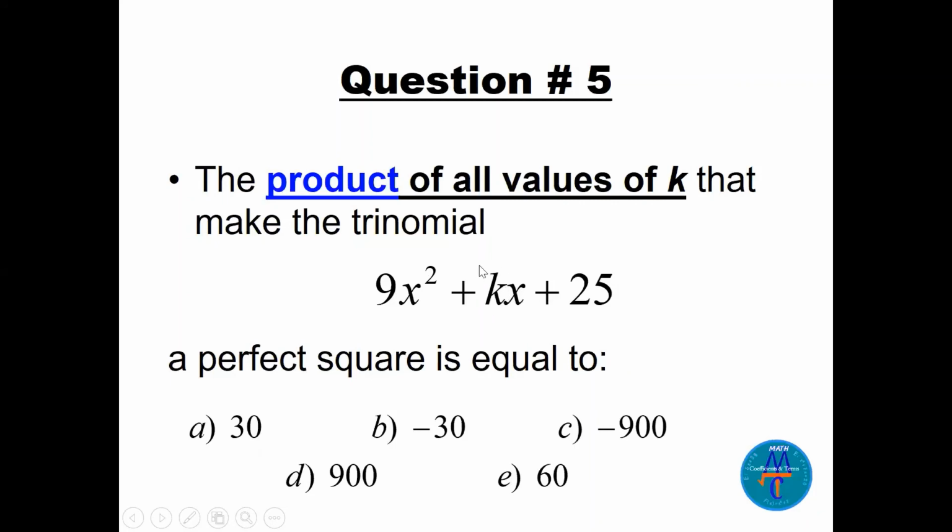This is k. Do you remember? In the formula, a plus b squared, we have 2ab. Try to figure out, first you need the values of k. After you find them, you multiply them. Find the product means multiply all values of k.